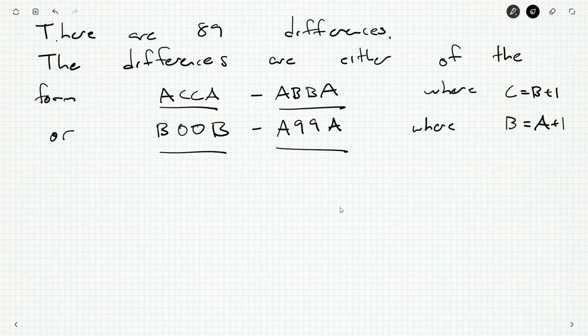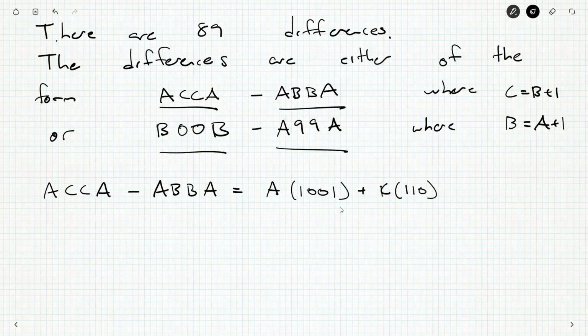Now in the first case, we'll just list these out. It's A times 1001 plus C times 110, minus A times 1001, plus B times 110.